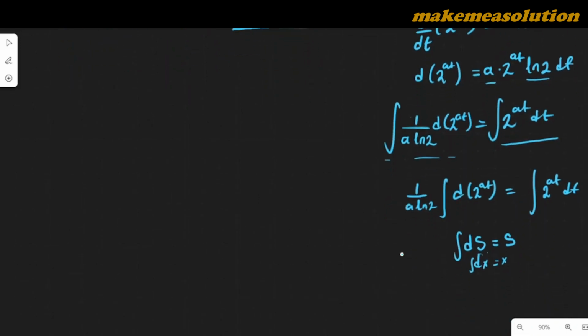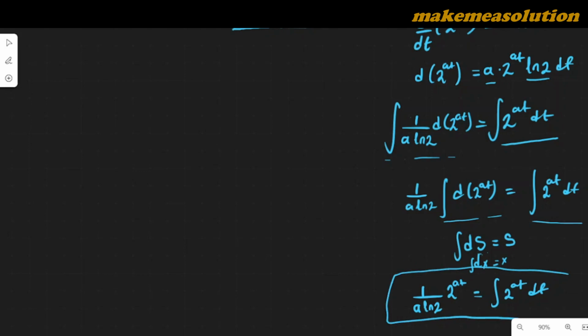So the final answer to the integral of something like this is going to be 1 all over a ln 2, then the integral of the something is going to be the something, and the something in this case is 2 to the power of at. And that is the integral of 2 raised to the power of at dt. Since we have established that this is the answer to this particular integral, we are going to apply it here.